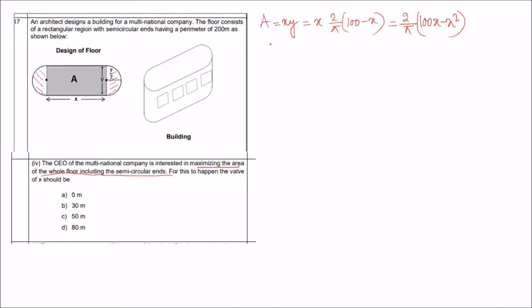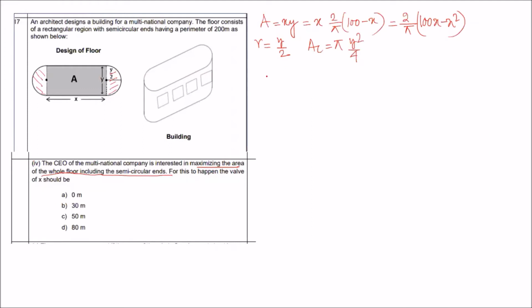Now we'll take the semicircular end. Semicircular end with radius y by 2. And there are two semicircles on both the sides, so it will give you a complete circle. And area of the circle is pi r square, so pi y square by 4.